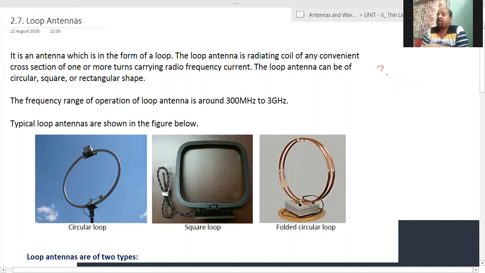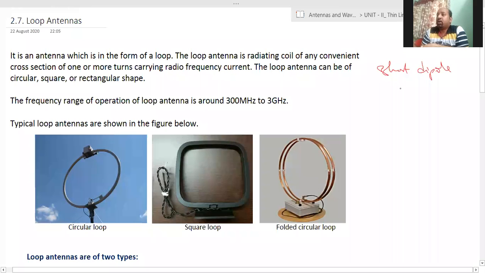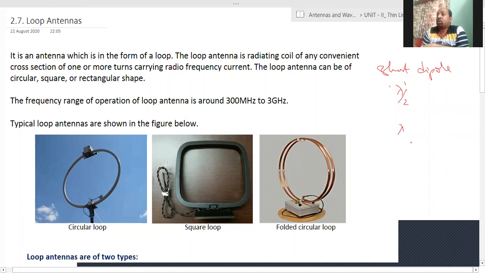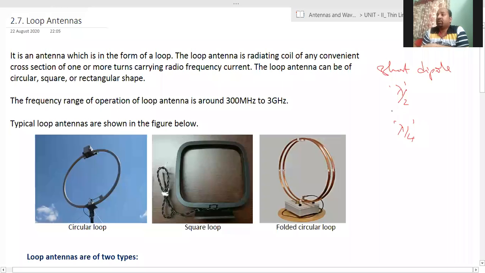The short dipole, the half wave dipole, and the quarter wave monopole we have discussed previously. And now let us make a slight deviation from the topic.